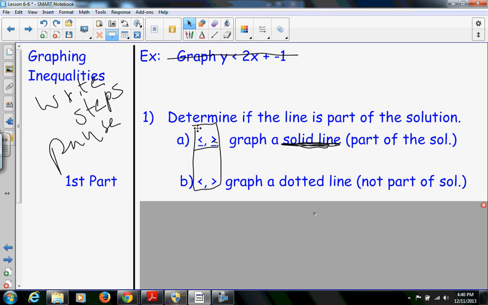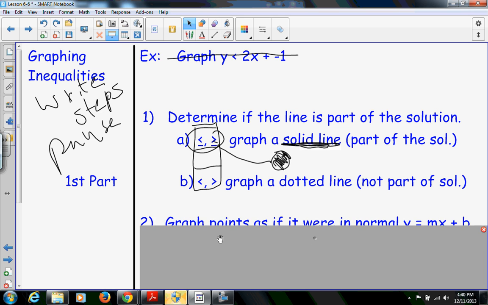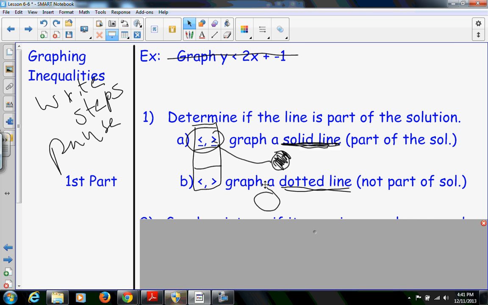Remember before, these symbols would give us a solid circle, so now we get a solid line in the graph. If I have a less than or greater than symbol, that means I have a dotted or dashed line, which relates to the open circle that we used to graph on the number line.